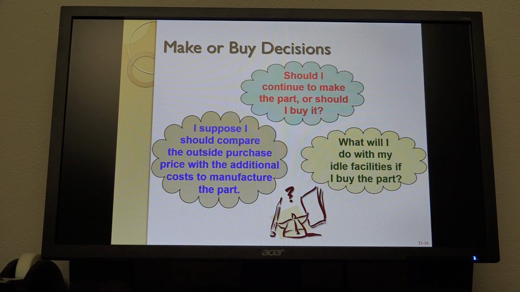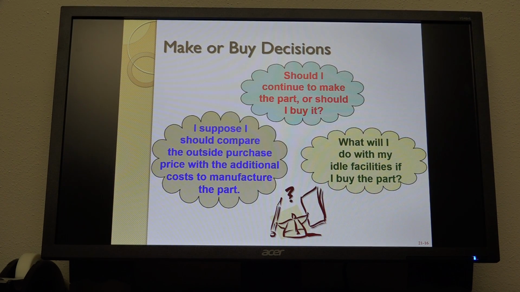Another consideration is, what would you do if you decide to buy this part? What are you going to do with that now idle manufacturing capacity? So there might be an opportunity cost there.